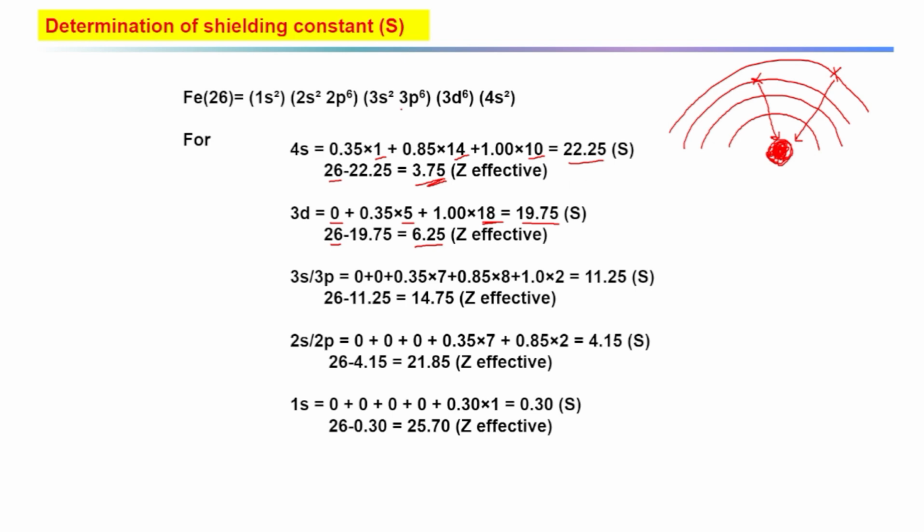Now if we calculate for the 3s2 and 3p6 electrons, in total there are 8 electrons in 3s2 and 3p6, and 3d and 4s will not contribute anything, so we will have 0 and 0 for 4s and 3d. Now 8 electrons are there in the 3s2 3p6, so one electron can see 7 more electrons. So 7 electrons will impart 0.35 shielding constant.